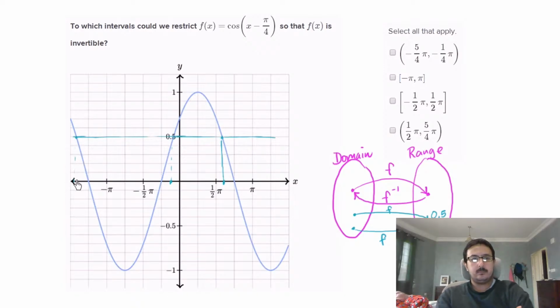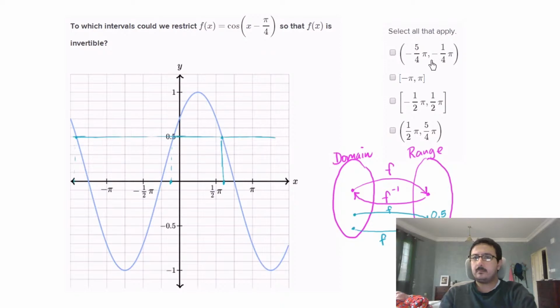So if you have multiple elements of your domain mapping to the same element of the range, then the function will not be invertible for that domain. So really what we're going to try to do is restrict the domain so that, if I were to apply what I'd call the horizontal line test, I'd only intersect the function once.